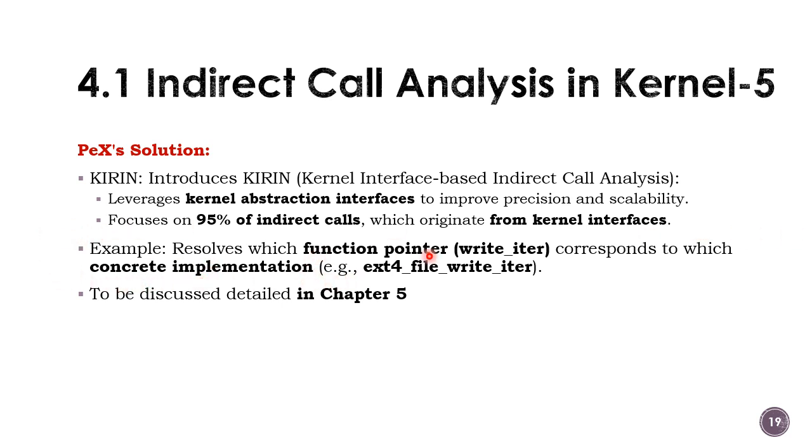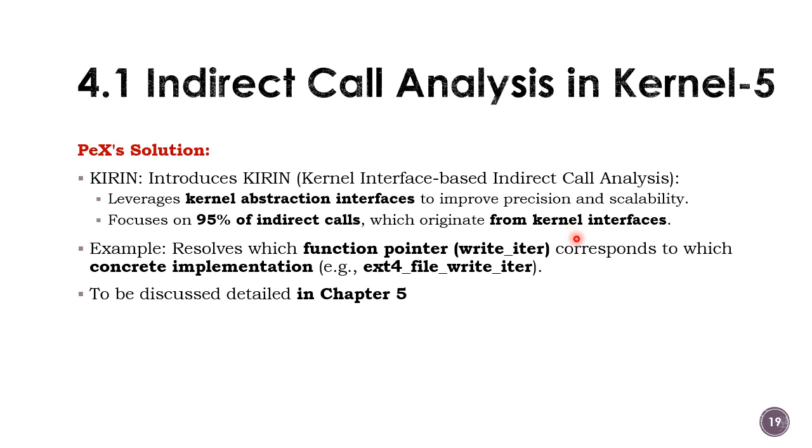For example, we have a function pointer called write_iter, and this function is assigned to maybe a higher level function that calls ext4_file_write_iter, and Kirin will build a relationship mapping between these two to resolve the problem of needing to traverse all the paths.